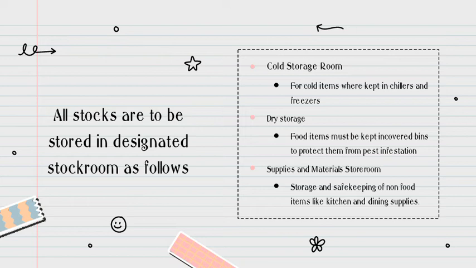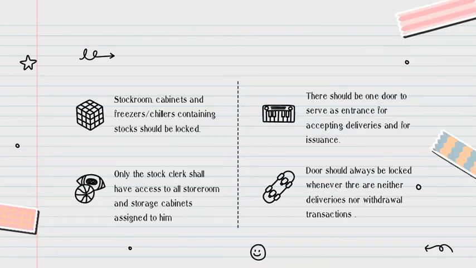infestation. Supplies and materials storeroom is for storage and safekeeping of non-food items like kitchen and dining supplies. So it means that supplies and materials should not be stored together with the food items. Next, stockrooms, cabinets and freezer chillers containing stock should be locked.